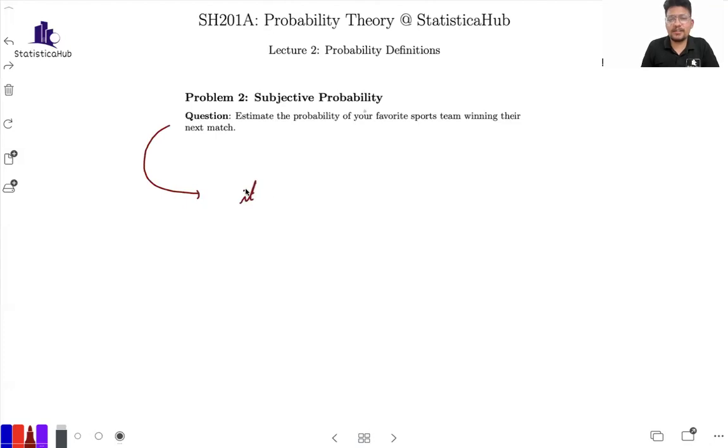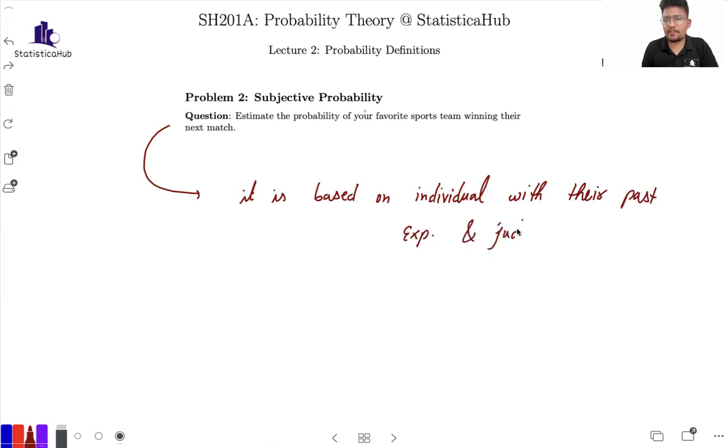It is based on the individual, with their past experience and judgment. So this is completely based on the individuals going for this particular experiment.